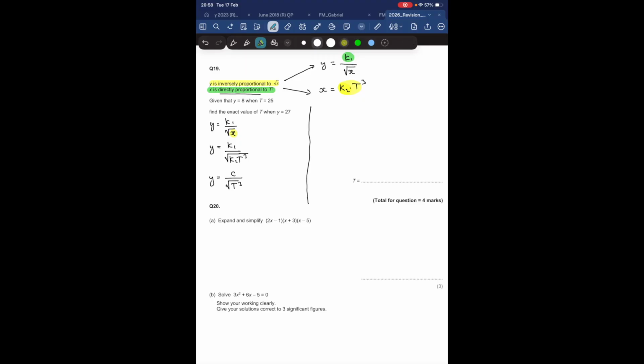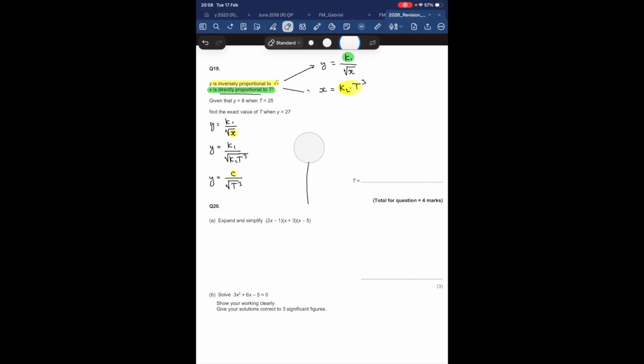So this constant C is basically a mathematical way of representing the k1 and the square root of k2 that we had at the bottom here. Now, because we're told that y is equal to 8 when t is equal to 25, I can now go ahead and work out the value of C by just doing a simple substitution.